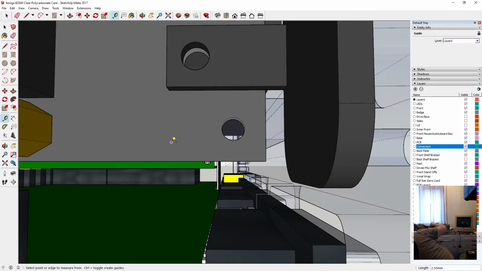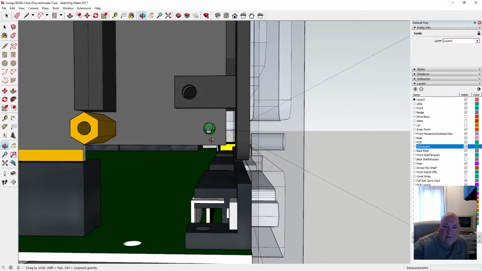Can't see. 2.5mm. So have we got more than 2.5mm? Difficult to work out. Probably got 2mm. Let's say we've got 2mm. So we've got 2.5mm, in reality it's 2mm.